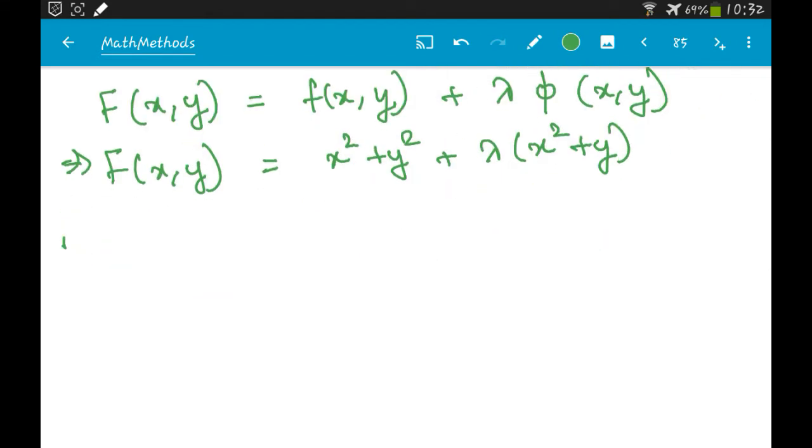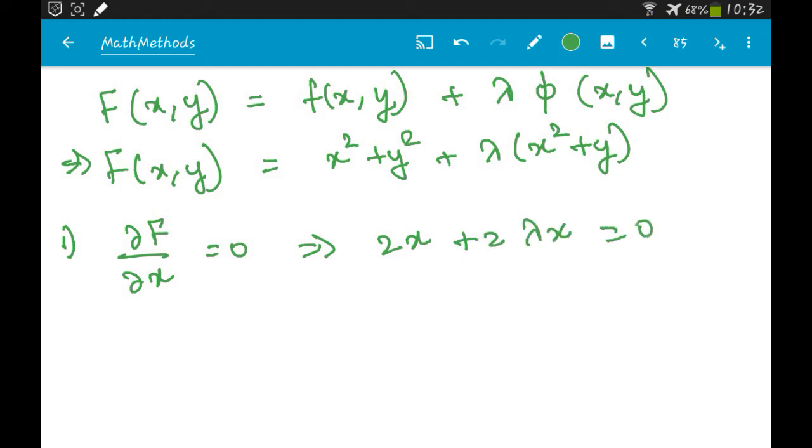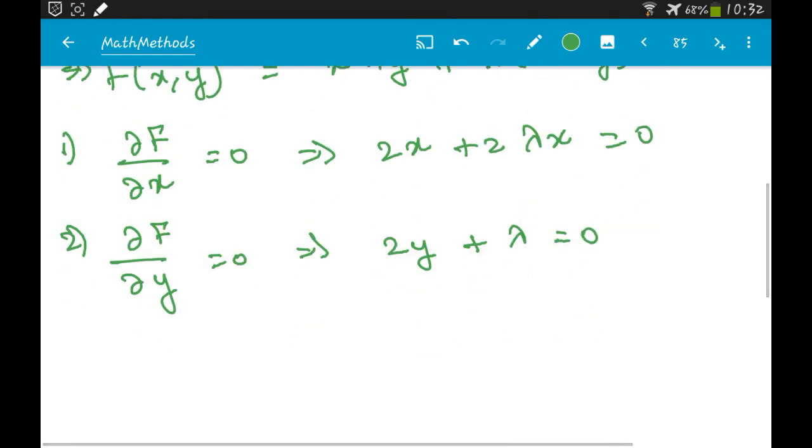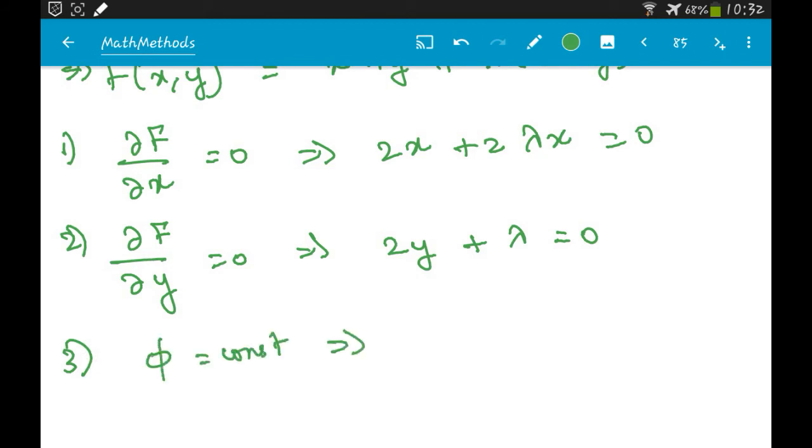The first equation is dou F by dou x is 0, which gives us 2x plus 2 lambda x is 0. The second equation is dou F by dou y is 0, so we get 2y plus lambda is 0. The third equation is phi is constant, which means x square plus y is 1. Now we have these three equations, so let's try to solve them.